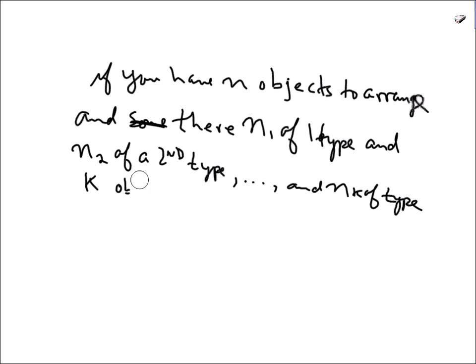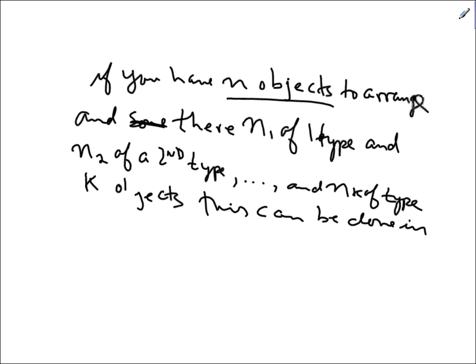So let me see what I wrote so I can finish it up nicely. This can be done in, well, there are n objects to arrange, so that's n factorial. And they're not all the same. Some are of one type.